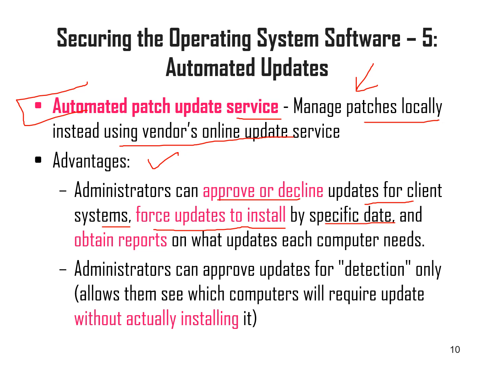Also, he can obtain a report on what updates a particular computer or host needs. This is the main advantage of having this automated patch update service in your local server, local network. So if I am installing a server in my local network, it is called the automated patch update service.